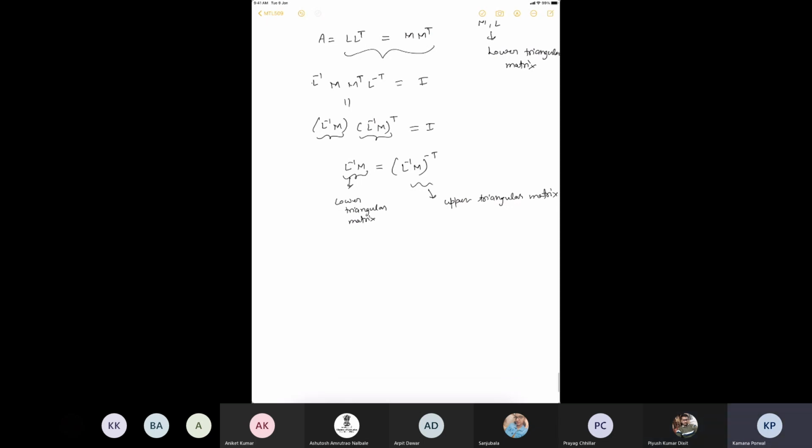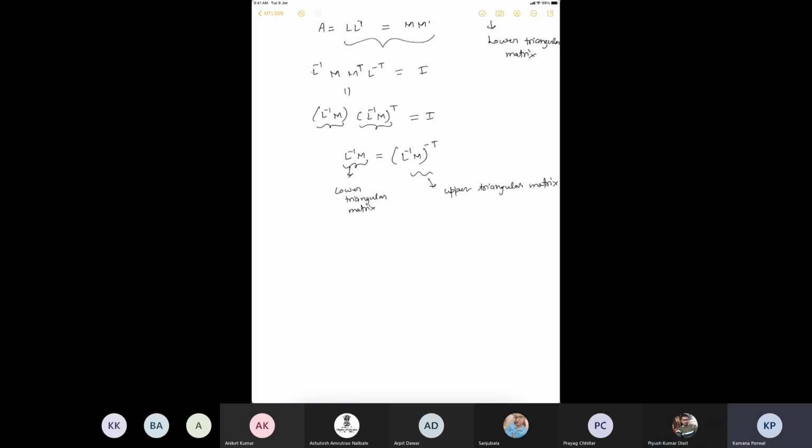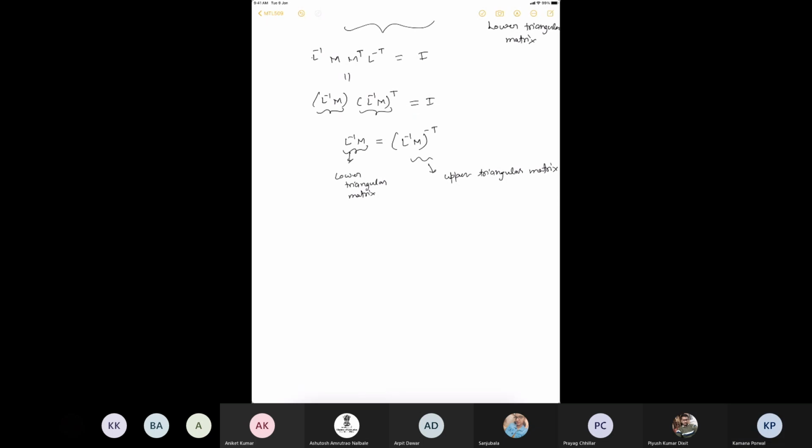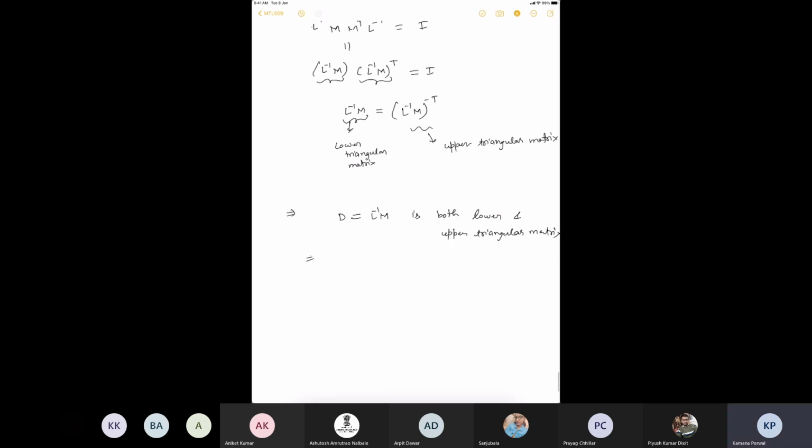Diagonal. So this means that this L inverse M is going to be a diagonal matrix, because this is only possible when you have L inverse M as a diagonal matrix. So this implies that the matrix L inverse M, which we are calling D, is both lower and upper triangular matrix. Hence, this is just a diagonal matrix.